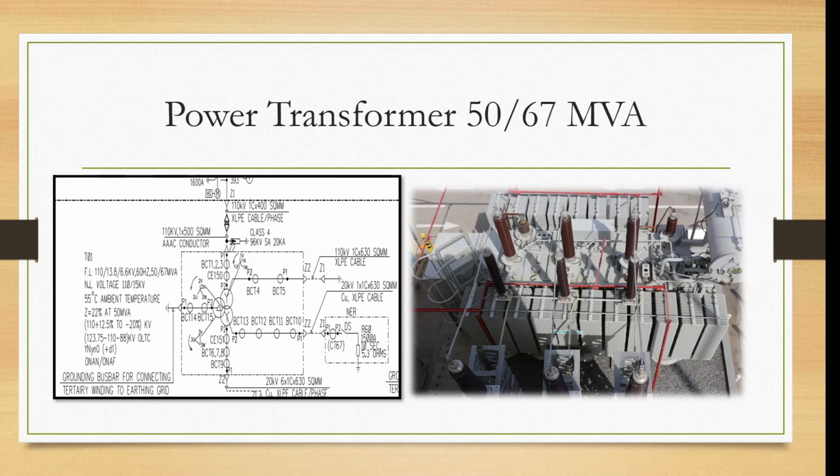These are bushing CTs, and BCT 4, BCT 5. Some of the CTs are on the primary side, some of the CTs are on the secondary side. Some of them are on the red, yellow, blue phases, and some of them are on the neutral side.